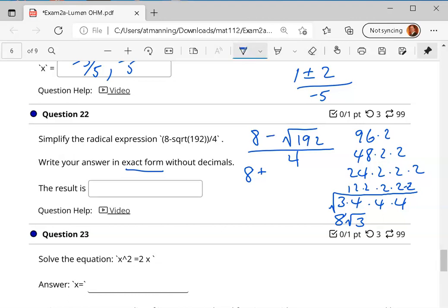So that becomes 8 minus 8 square root of 3, all over 4. Well, the 4s can divide out, so I get 2 minus 2 square root of 3.